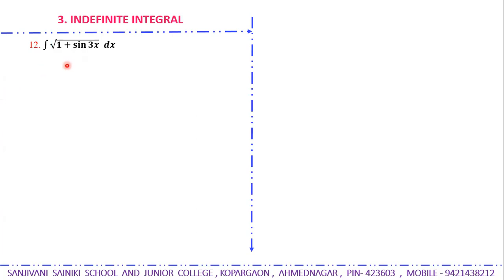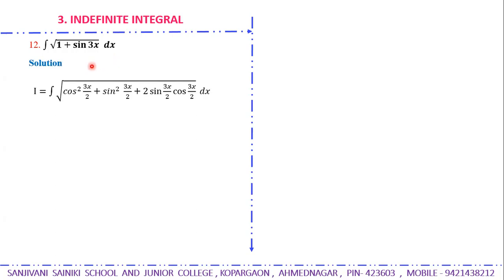Integration of root of (1 plus sin 3x) dx. Now this 1 can be written as sin square theta plus cos square theta, so I can write it as sin square x plus cos square x. But the second term is sin 3x, so I will use the formula sin 2 theta is equal to 2 sin theta cos theta.